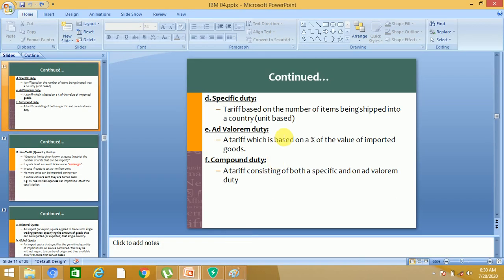That type of tax is called ad valorem duty, a tariff based on the percentage of the value of imported goods.